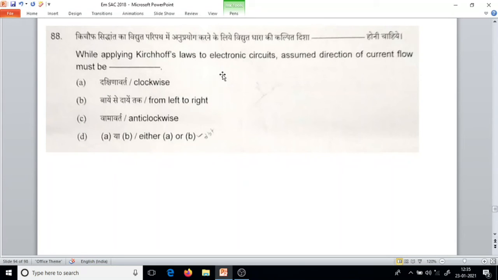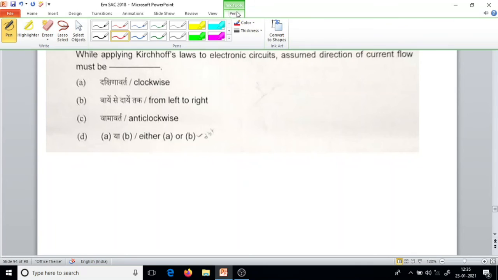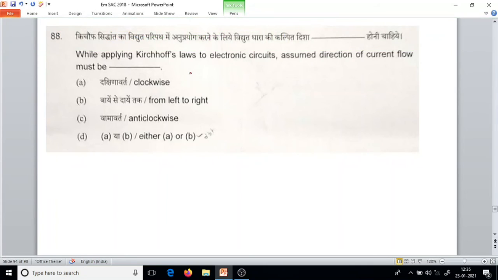Question number 88. While applying Kirchhoff law to electronic circuits, the assumed direction of current flow must be. To solve Kirchhoff law, we can take the current direction as either clockwise or anti-clockwise. So any of these should be the answer. The other two are not correct.